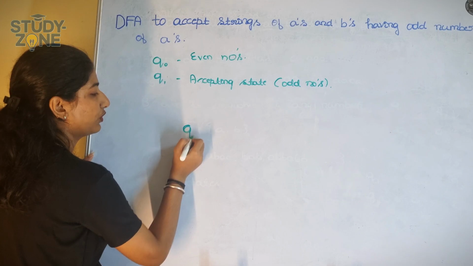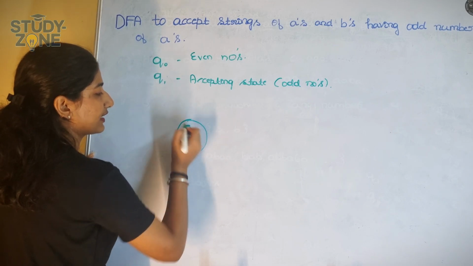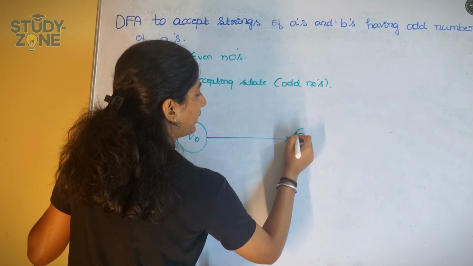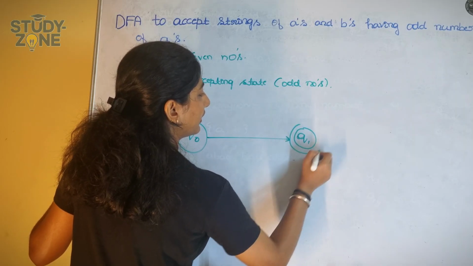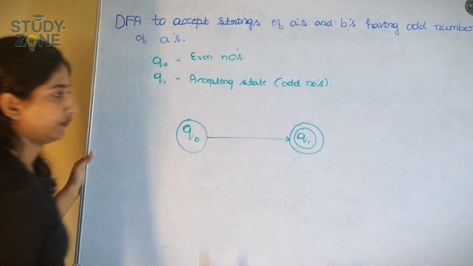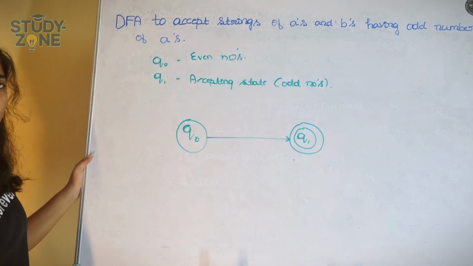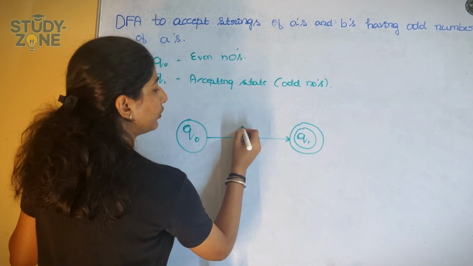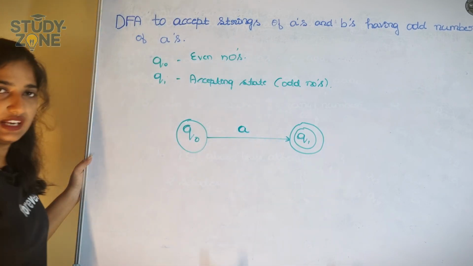So we have only two states here, Q0 and Q1. One thing that is common here is Q0 on A moving to Q1, right?